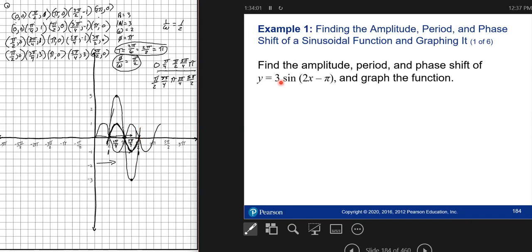And then I continue out a couple more. So it's going to go up to here and back down to here. And then down to here. Not far enough. And then down to here. And then back up to here.